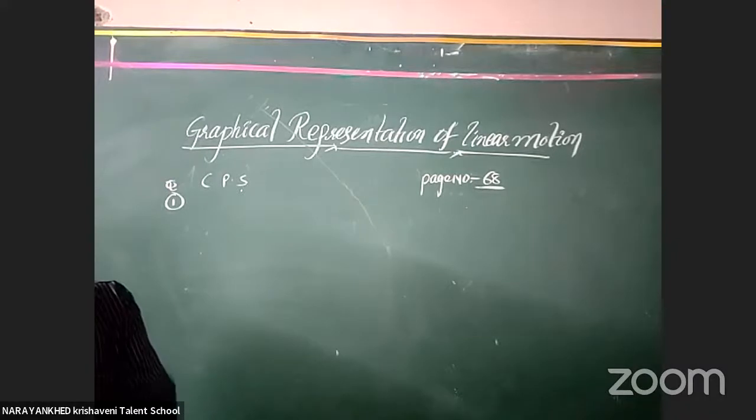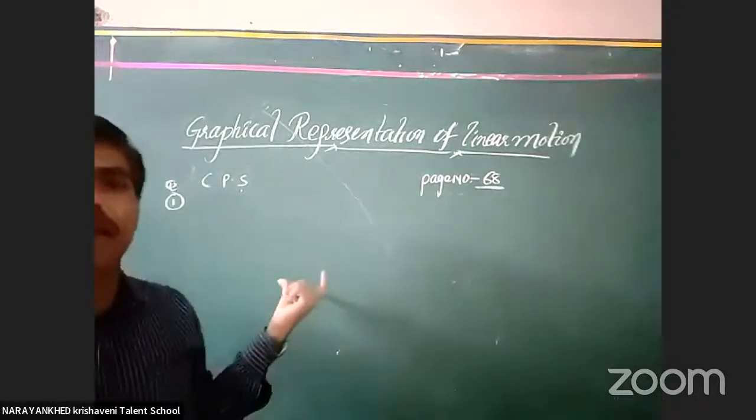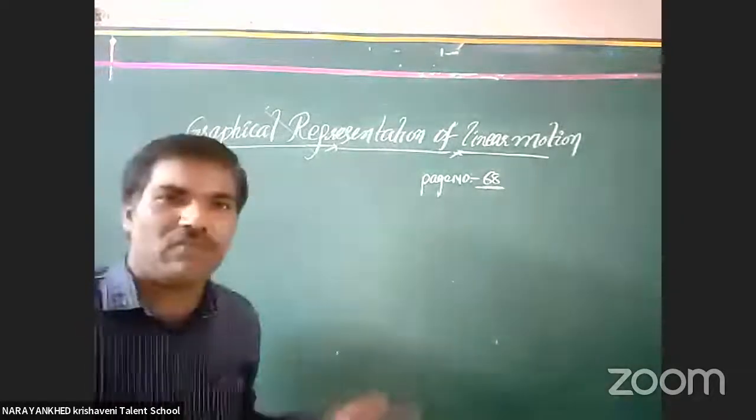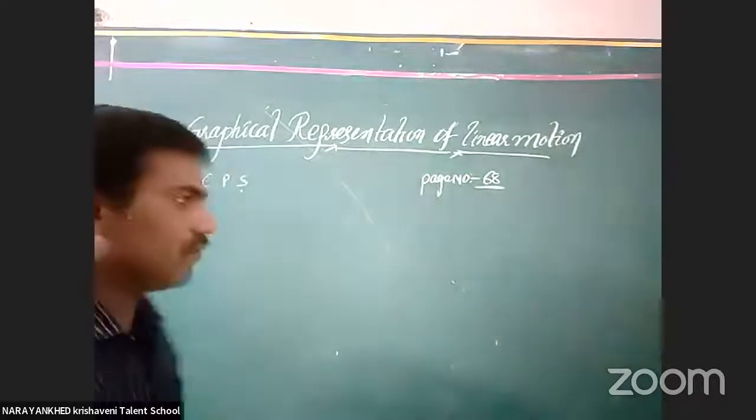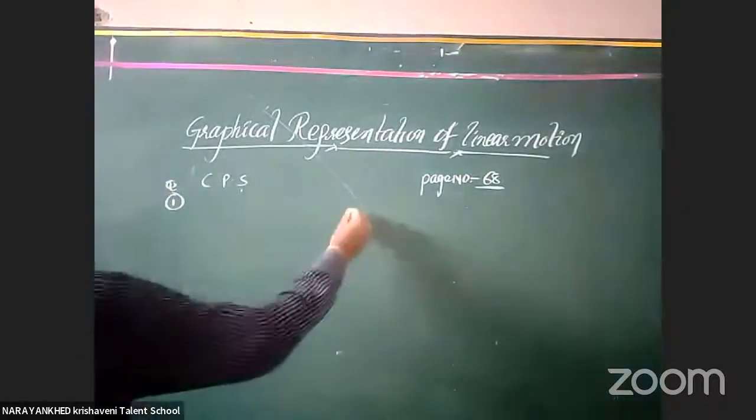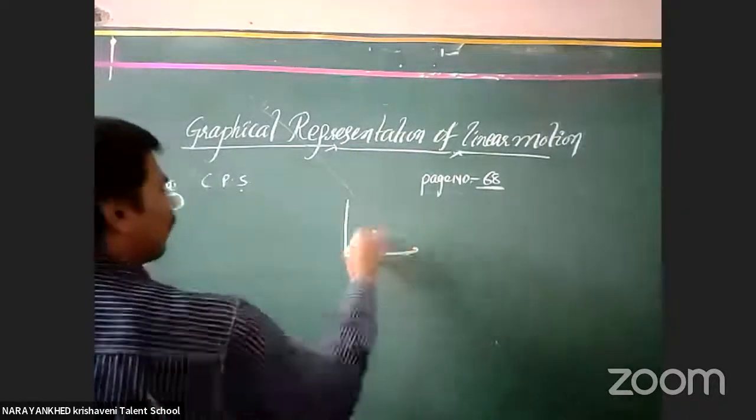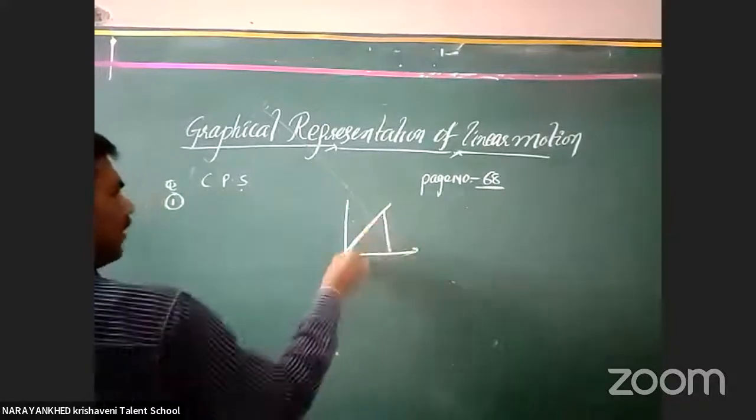Both the times, it will give the displacement only, either you take it as a triangle or as a trapezium. Suppose this is the velocity and time graph, in triangular form.